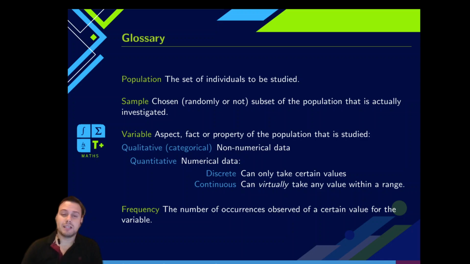What is it that we're studying? Well, what we're studying, we call it a variable. And that variable can be categorized into different categories. We have qualitative or categorical data, that is data that cannot be written like a number. For example, when we are comparing the hair color, or we are comparing, I don't know, the street, the neighborhood where they live, that information is something that we cannot turn into a number.